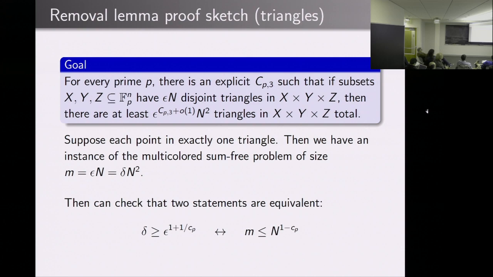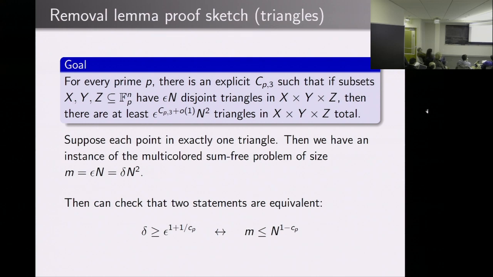Suppose we have the removal lemma. So if we know that delta is at least epsilon to the 1 plus 1 over Cp, then in this case we can write that delta is equal to m over n squared and epsilon is equal to m over n.